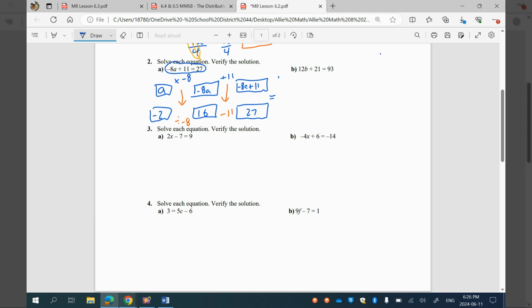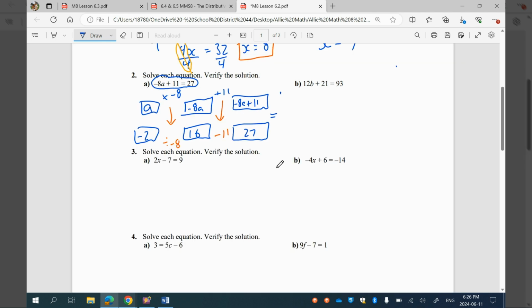Another way is to just think about doing the opposite operations that are happening to our variables. So currently b is being multiplied by 12 and there's a 21 added to it. And we always want to start with our reverse order of operations. We want to subtract the 21 first.